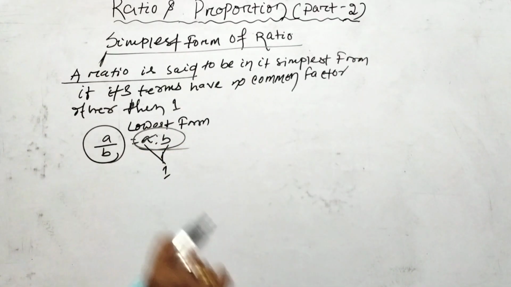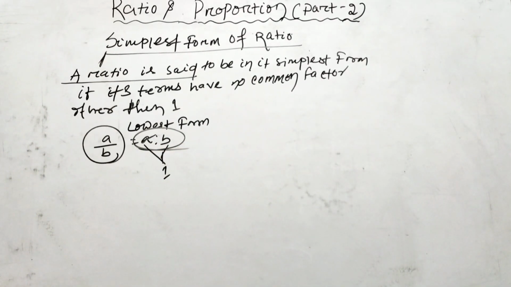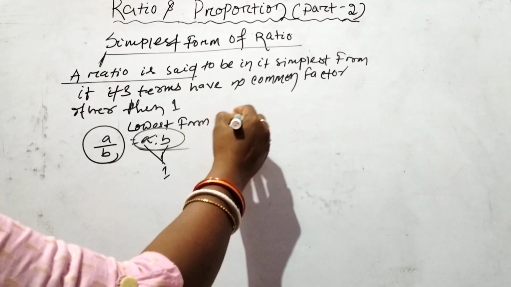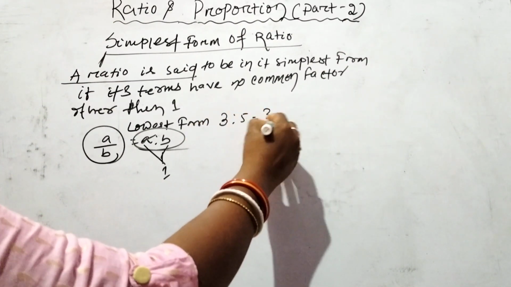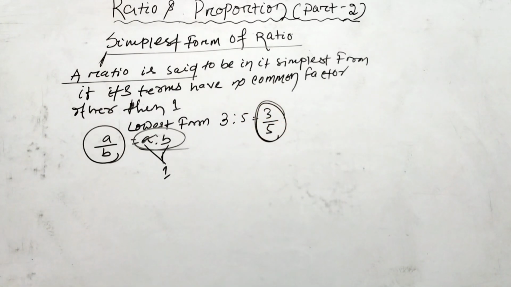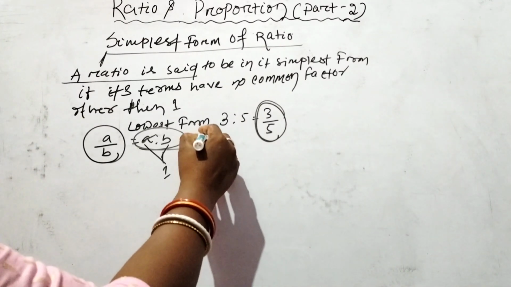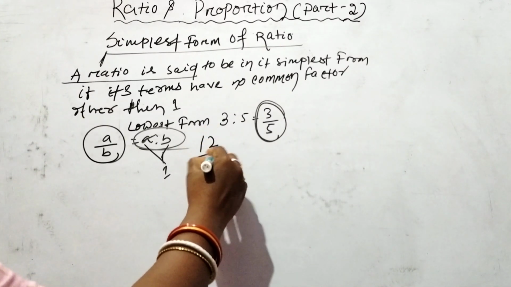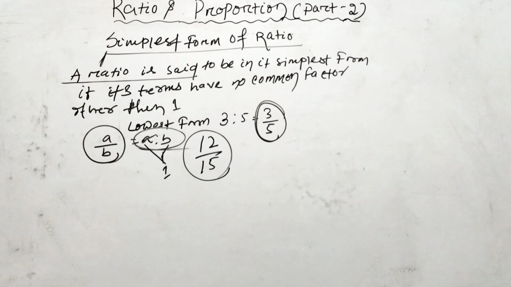If I say 3 is to 5, then 3 by 5: both 3 and 5 are prime numbers, and the common factor between 3 and 5 is 1. But if I say 12 by 15 is in the lowest form, how do you check?